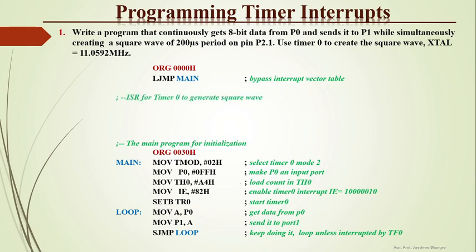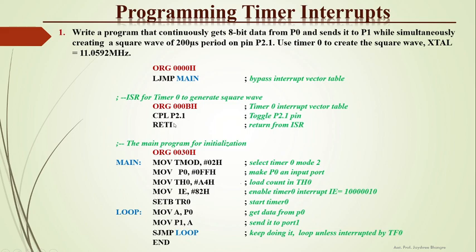It jumps to the ISR or vector table, where it gets the address of the timer 0 interrupt, that is 000BH, and jumps to that vector location where we have complemented the P2.1 pin, and we just return from that interrupt. After execution of the RETI instruction, it comes back to the work it was doing, that is, getting data from port 0 and sending it to port 1.